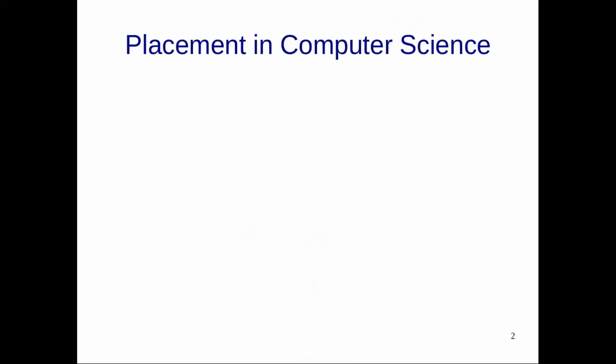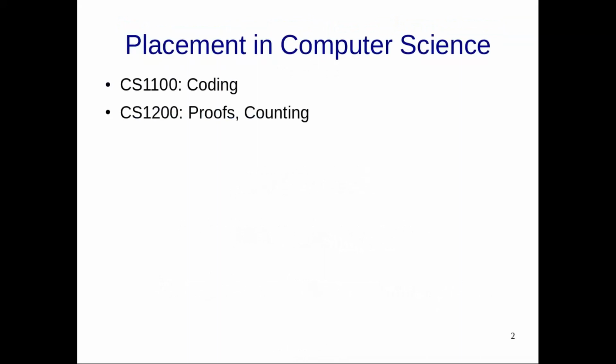If you look at the overall placement of this course in computer science and engineering, I'm going to show you what are the other courses which fit into this overall curriculum, especially the core courses, and then where this PDS fits in. So in the first year, computer science students do this CS 11, now it is called 1111, but all of you must have done this CS 1100, which primarily deals with the coding part.